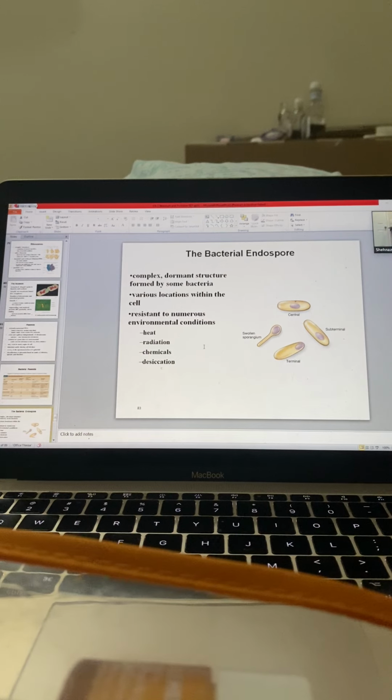So if these bacteria are capable of resisting all these environmental conditions, what are we looking at? They are the ones that have the highest survival on this earth. They can survive for ages without having any metabolic processes going on in their spore. They can be like inert, dormant structures.